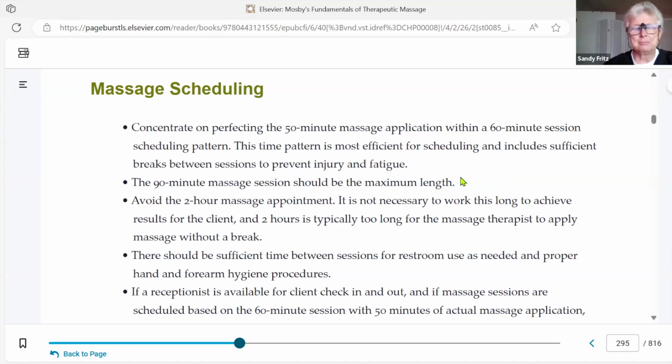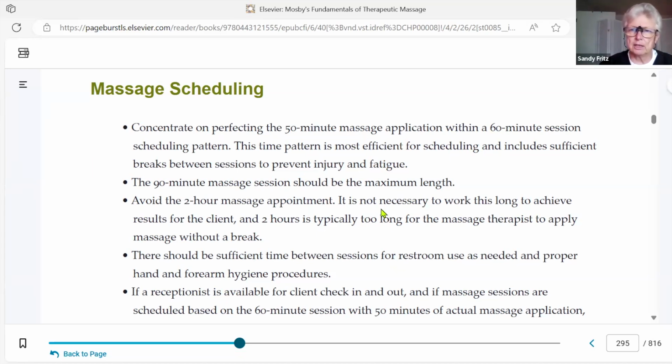Longer time frames set it up so that the conversation and the interaction may move outside of that therapeutic relationship. 2 hours is just too long, and it doesn't give the massage therapist a chance to change position and move around.